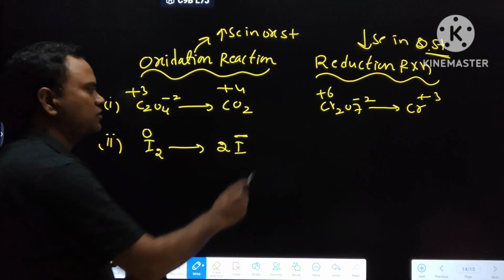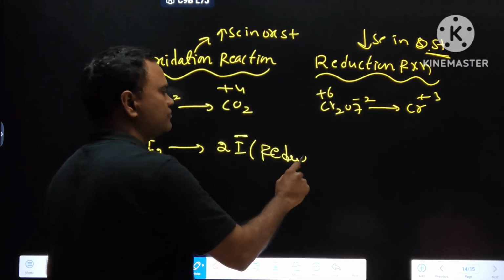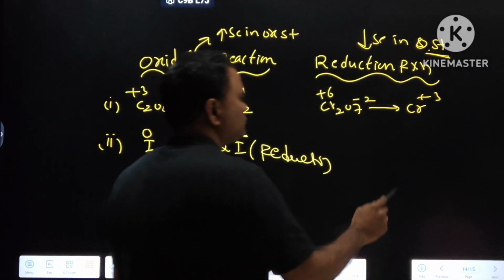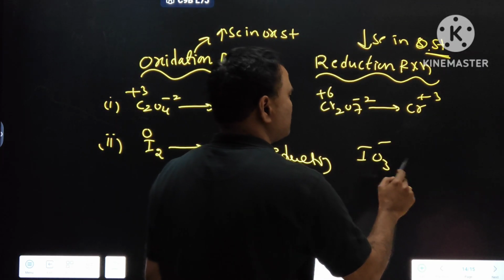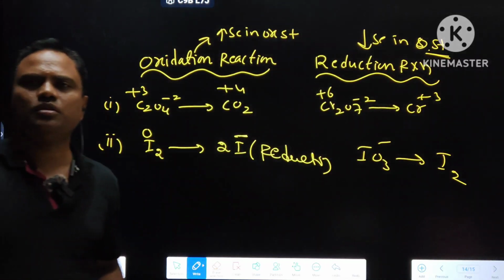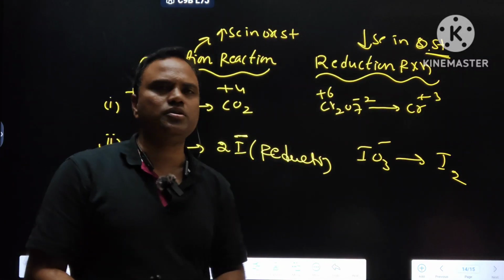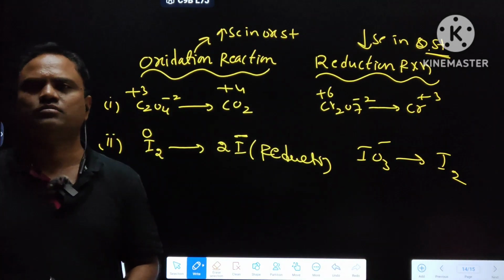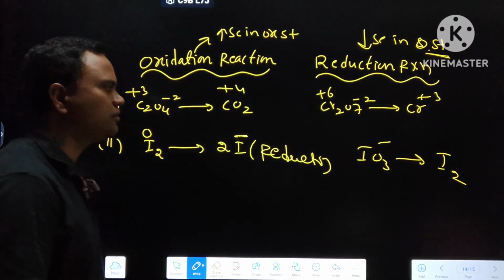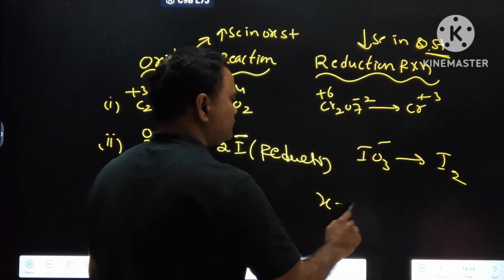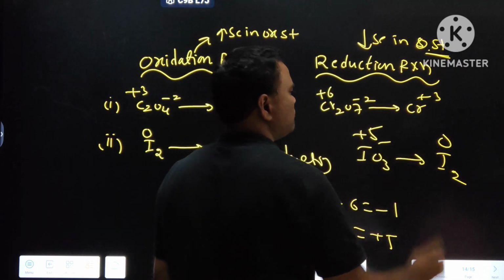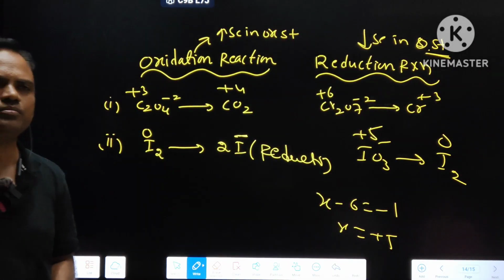This is reduction. Okay. What about this? You tell me. IO3 minus gives rise to I2. Reduction or oxidation? What is iodine oxidation state on the left hand side? +5 to 0. Decrease. Reduction.